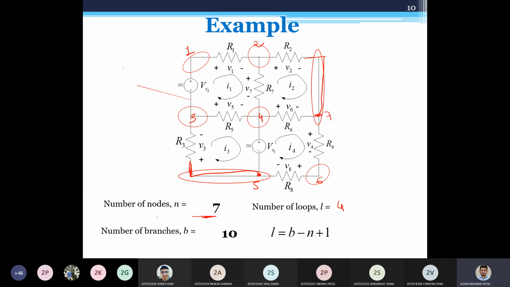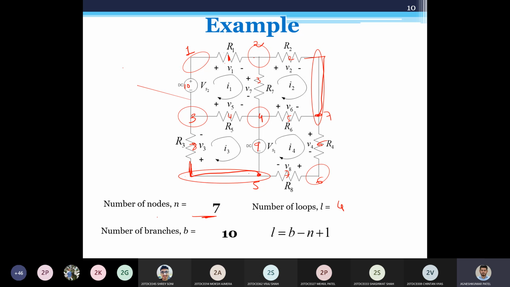See, this is my number 1 branch. There are 2 nodes and 1 element, so I can say this is the second branch, third branch, fourth branch, fifth branch, sixth branch, and eighth branch. 8 are clearly visible. Then this one is the 9th, and this one is the 10th. The 2 voltage sources are also considered as branches. So I have a total of 10 branches.